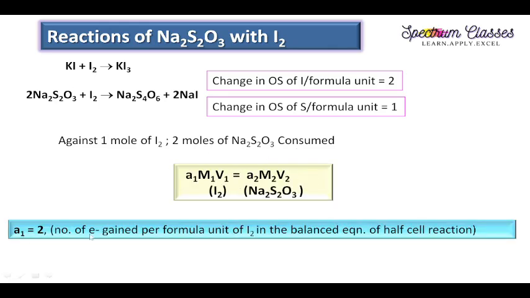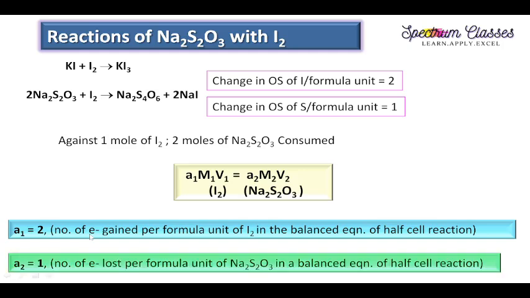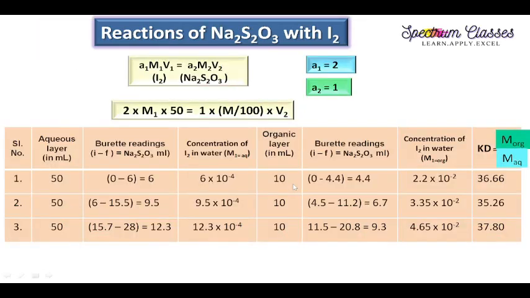Now I have elaborated these two, A1 and A2, and we are just going to put them over here. So for the calculation part we are using this formula, and we are going to use this equation to calculate the partition coefficient KD.